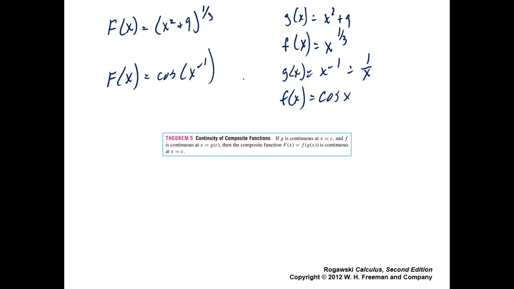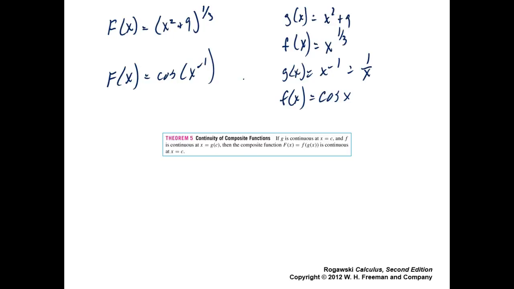The f of x, cosine x, is continuous everywhere. No sweat there. But the g of x limits where the continuity is for the capital F to the same limits that it is for g of x. Okay? Not equal to 0. So when they say here, if g is continuous at x equals c, in other words, this c cannot be 0, because g is continuous everywhere except at 0.